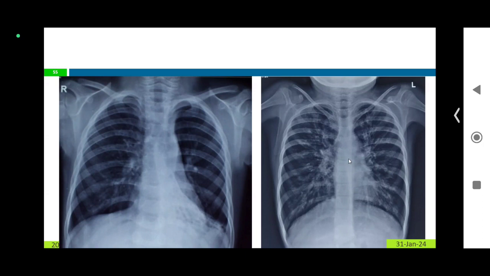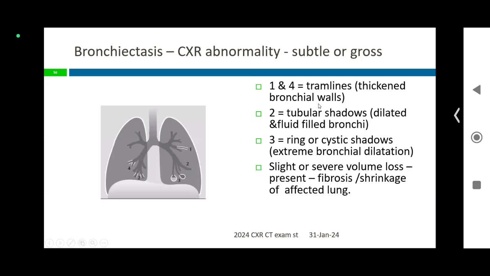So bronchiectasis, this is a bilateral hyperinflation. How do you call this as bronchiectasis? This is what we mean by bronchiectasis. See, you can have tram lines. Tram lines are nothing but your thickened bronchial walls.